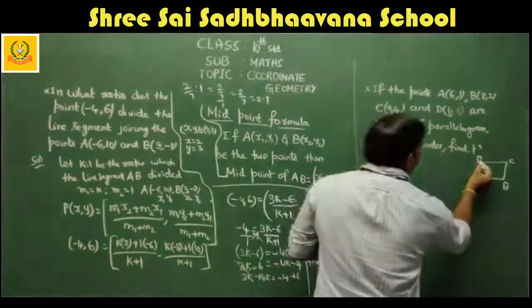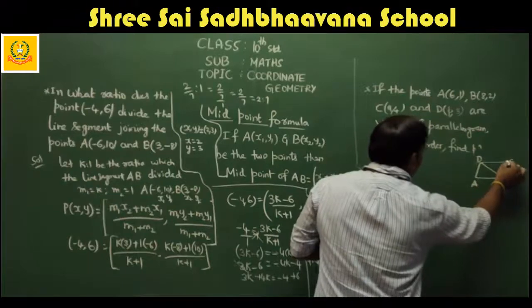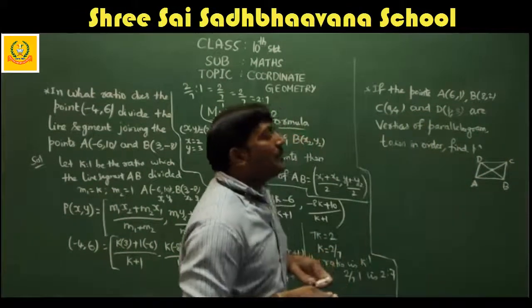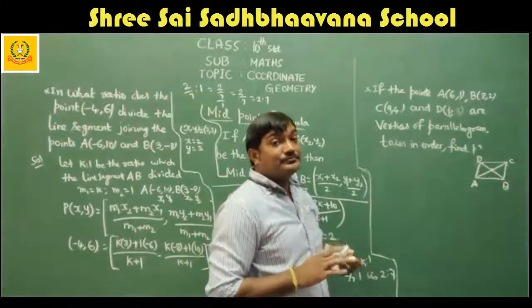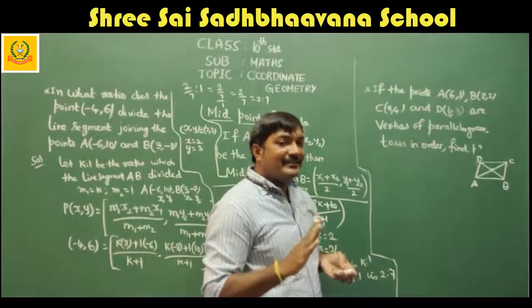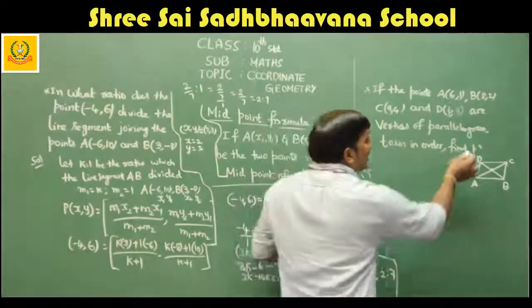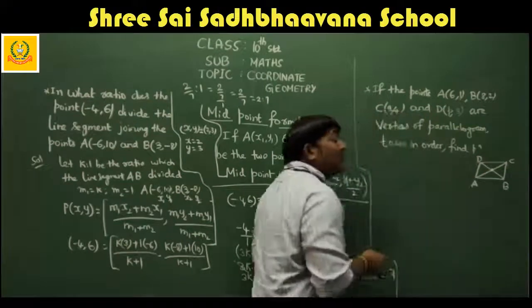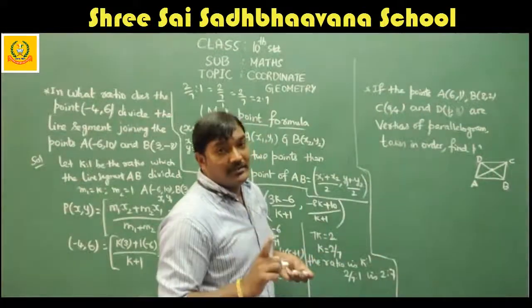One property we discussed: opposite sides are equal, and another property is that diagonals of a parallelogram bisect each other. Okay. One thing you have to understand, bisect in the sense that the midpoint of AC and the midpoint of BD should be the same. That is called bisection.